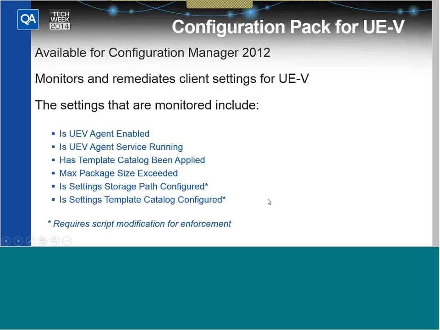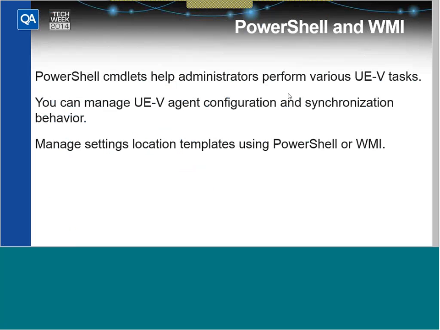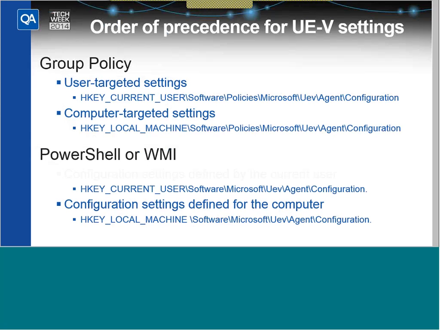There are a number of PowerShell and WMI commands. So for each PowerShell command, there's a WMI equivalent that we can pull. So let's have a quick look through, first of all, setting preferences. I've already hinted that the order in which settings get applied for UE-V seems to deviate from the norm in that user settings override computer settings.